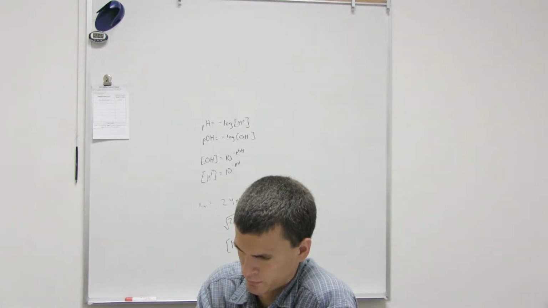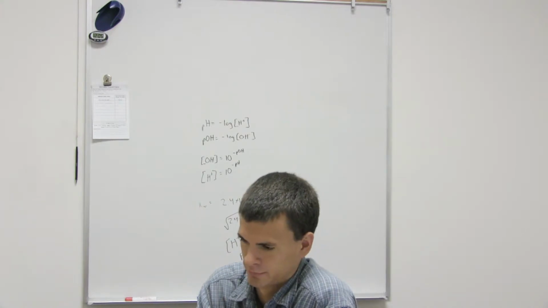Negative log of 1.55 times 10 to the negative 7 gives me 6.8. Oh, my biology failed me.